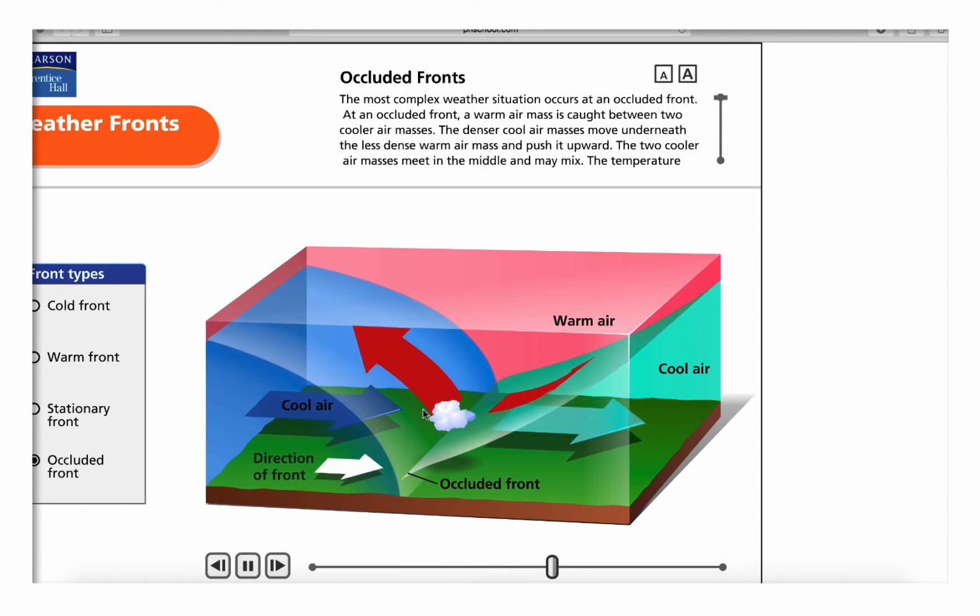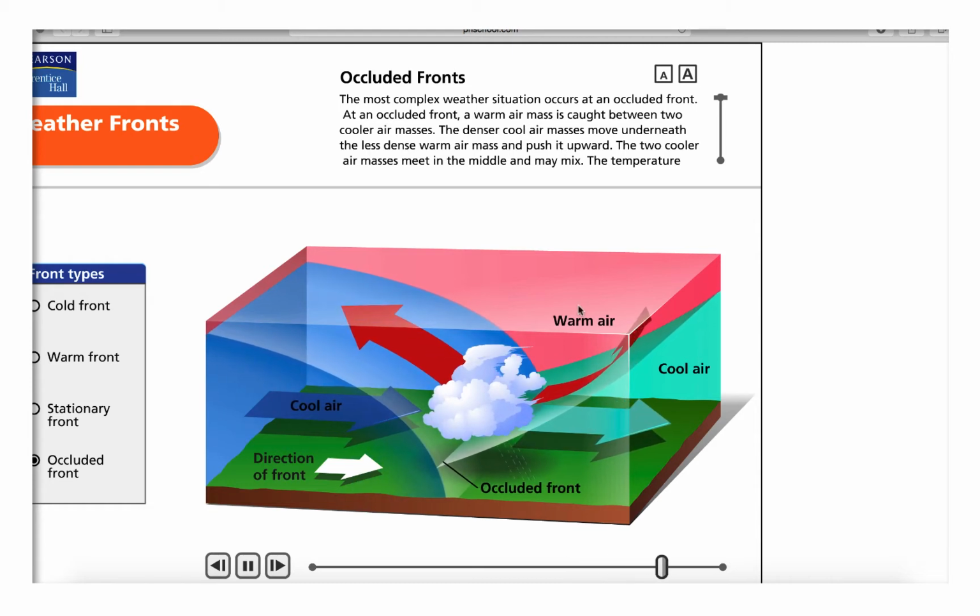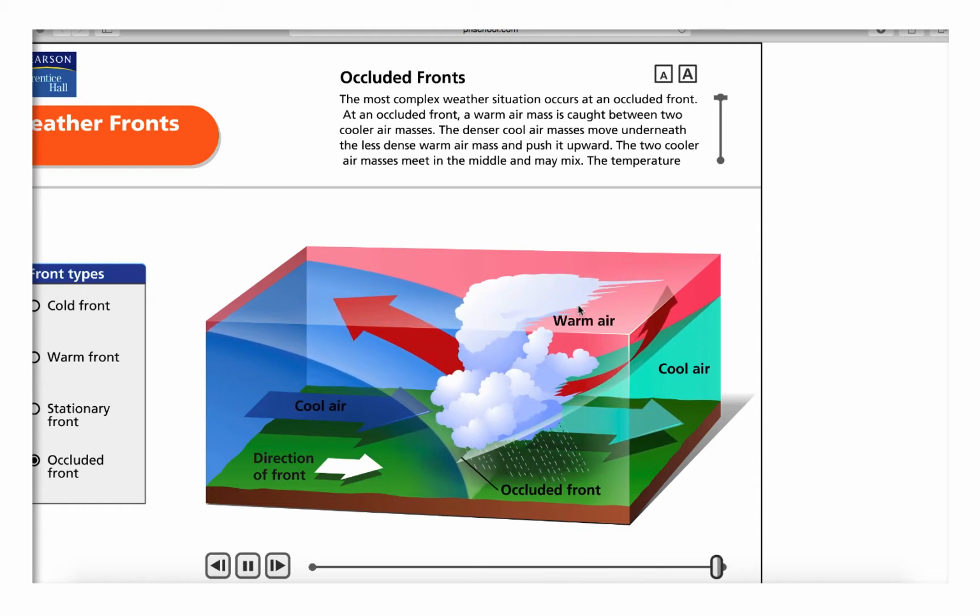The cold front caught up to the warm front. Both of them were attempting to lift the warm air mass over each type of front, and as a result, the occlusion does it even better. Now that warm air mass is really pushed up by the cold air mass from behind the cold front, and also the cooler air mass ahead of the warm front. So that warm air gets pinned aloft, and that's called an occluded front.